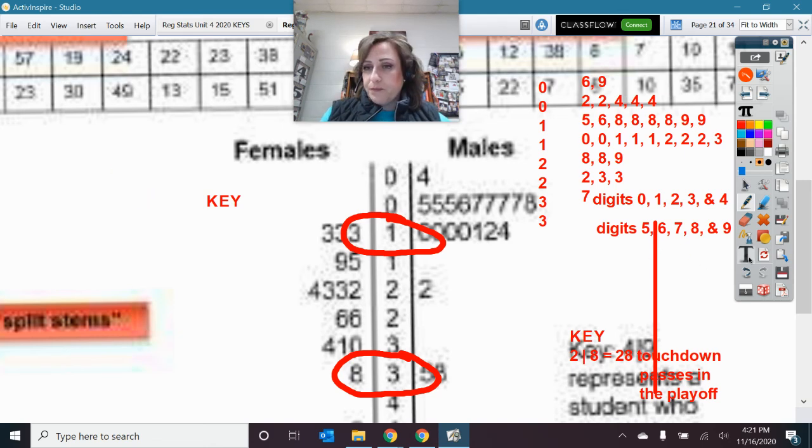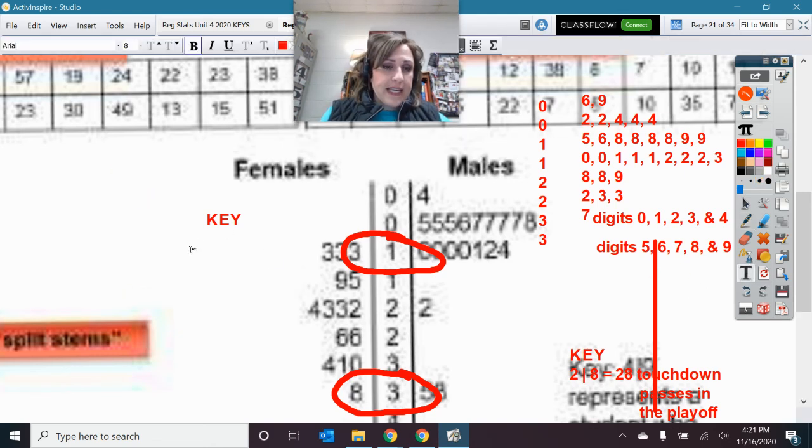So here I go. That's going to be like this. So 8, and then the line, and then the 3 is the stem, and then the 5 is the male's leaves. All right. So here's how I do that.